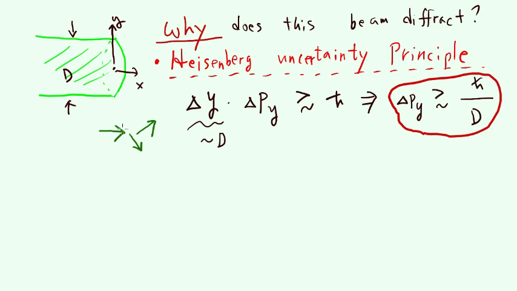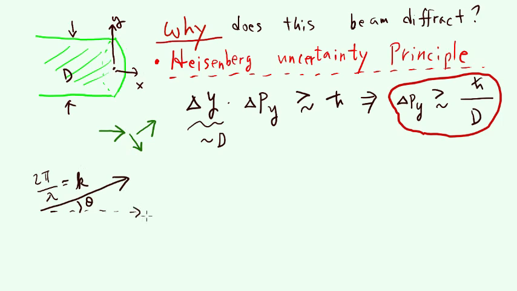If it has a definite k, and if the direction can fluctuate like that, then the angular uncertainty can be related to the delta py value as follows. This is the k, which is given by 2 pi over lambda. Lambda is the wavelength, and according to this diagram, the xy plane is the cross-sectional plane.